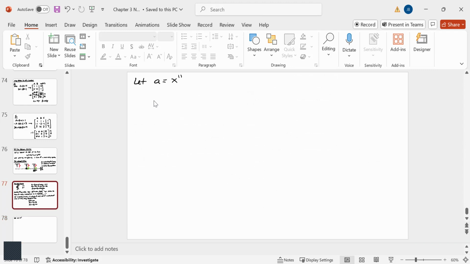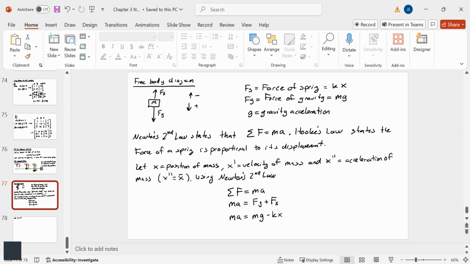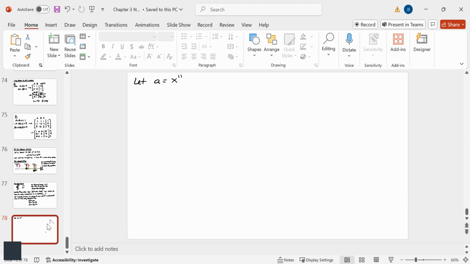We defined earlier that the second derivative of x is the acceleration of the mass. So then mx double prime is equal to mg minus kx.